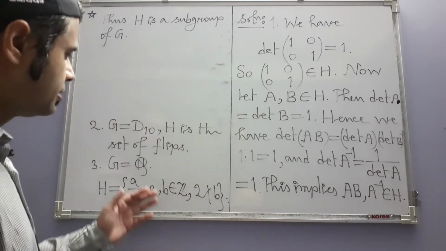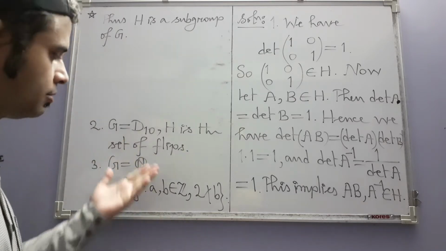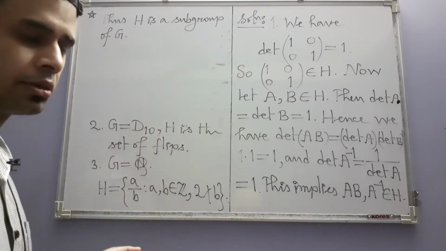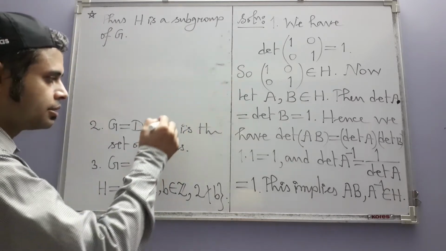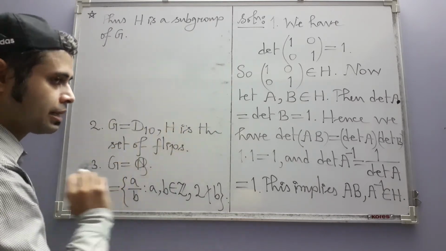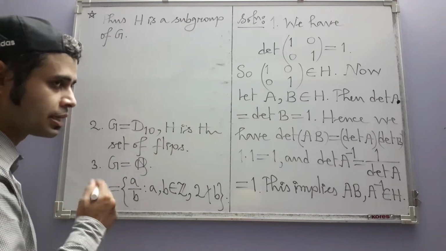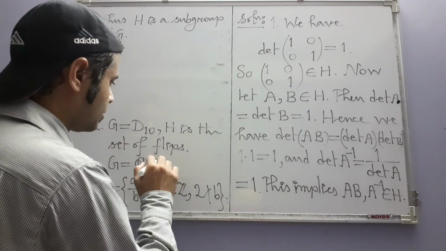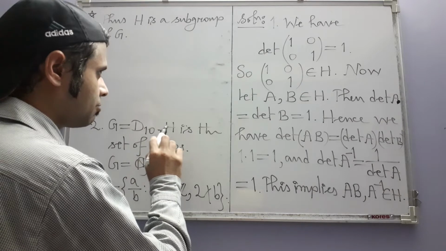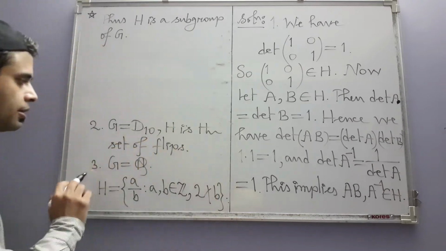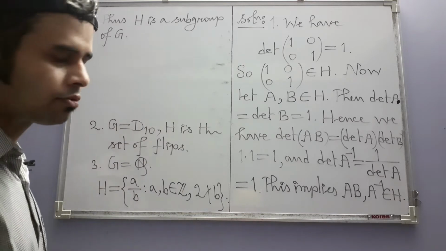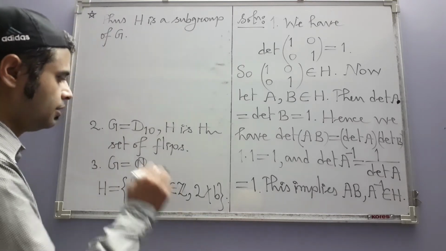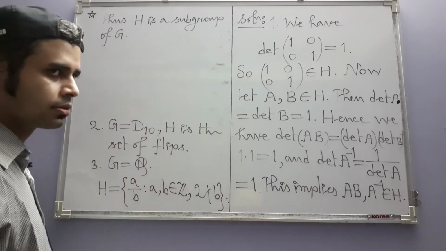Now, is this H a subgroup of G? It turns out that this H is not a subgroup of G. The simple reason is that the first criterion itself is not satisfied by H. The first criterion says that the identity element in G should belong to H. In this case, that is not the case.